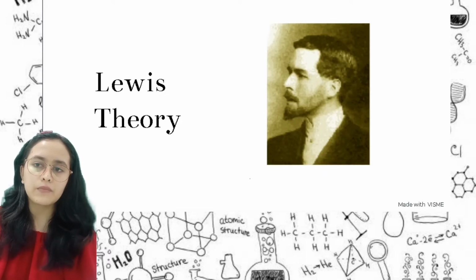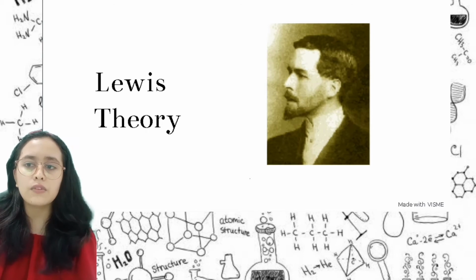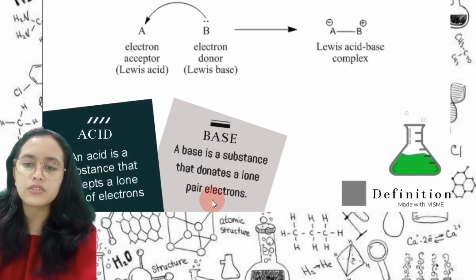Another theory that provides a very broad definition of acids and bases has been put forth by the American chemist Gilbert Lewis. The Lewis theory defines an acid as a compound that can accept a pair of electrons and a base as a compound that can donate a pair of electrons.